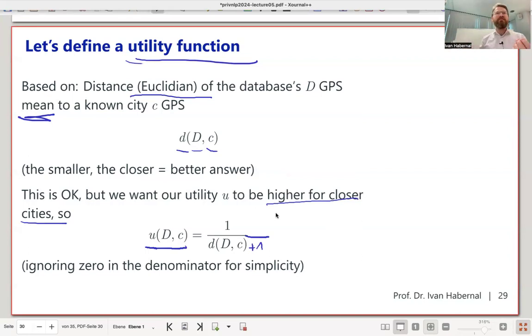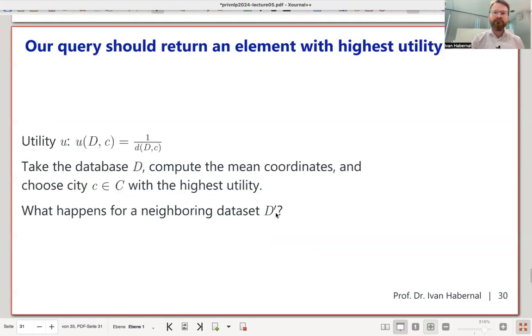We're like a poor secret society. Maybe they have to walk. So this is the utility. Everybody agrees? Distance makes sense here. Our query should, of course, return the element with the highest utility. The highest utility will be the true mean, right? But as we saw, the true mean is unprotected, so maybe you want to do something about it.